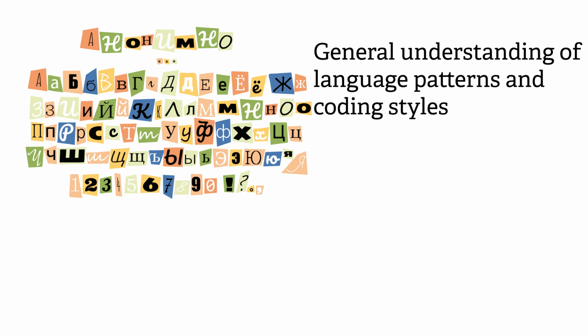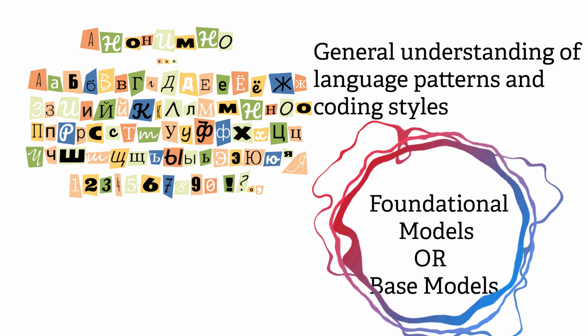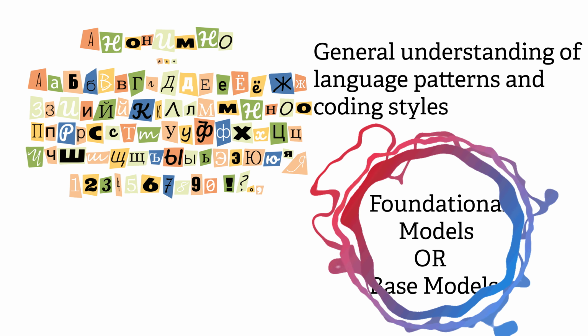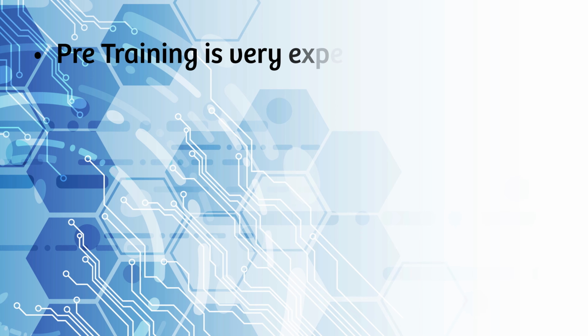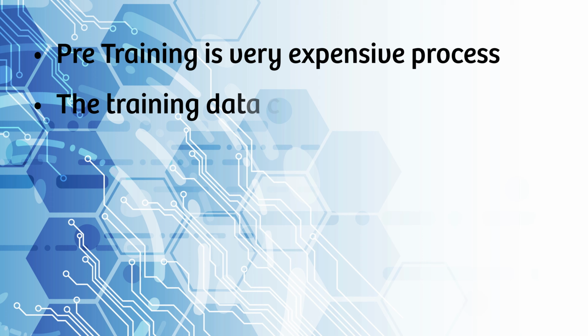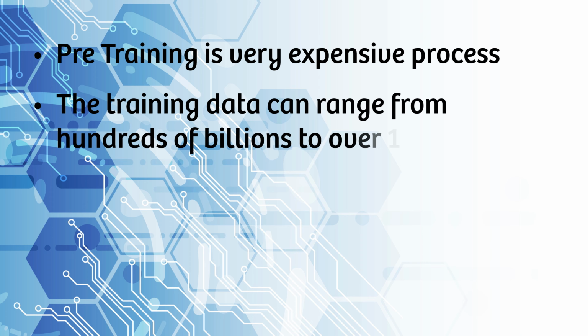The training objective is to predict the next token in sequence, and the output model has a general understanding of language patterns and coding styles, but has not been aligned or fine tuned for a specific task, which is known as a foundational model or base model.